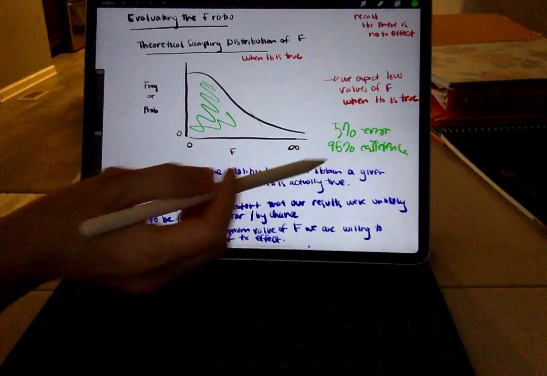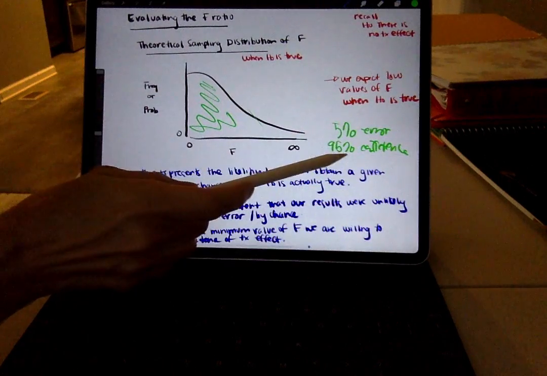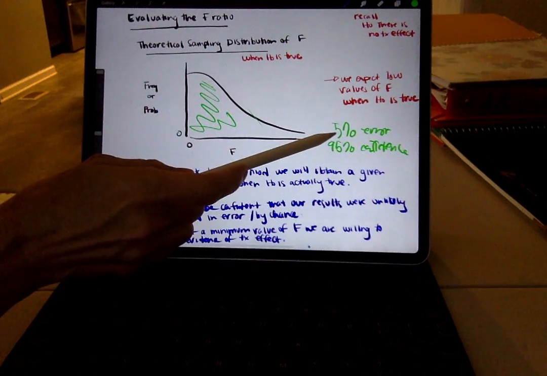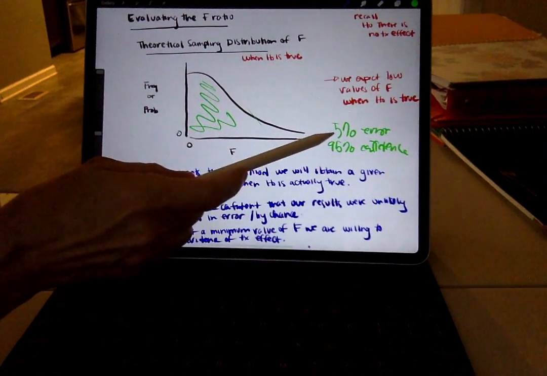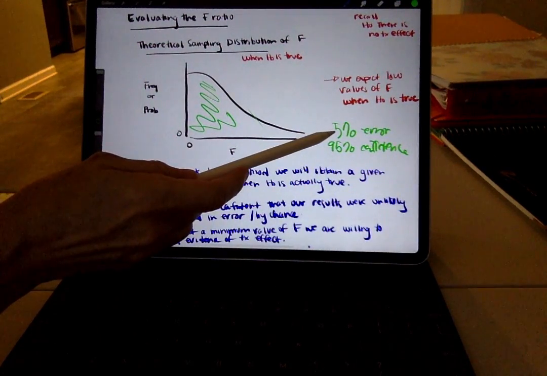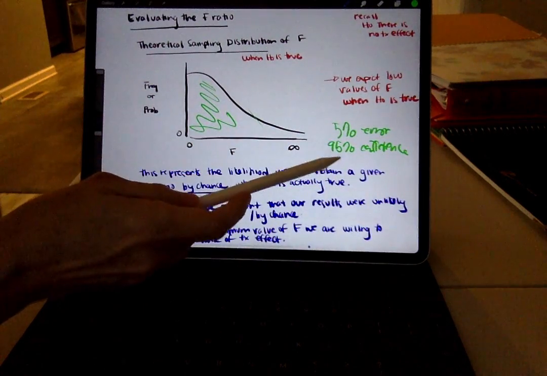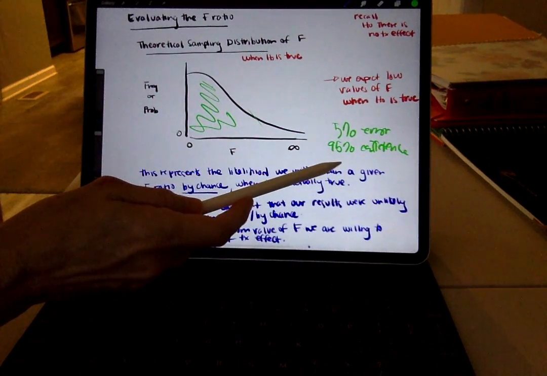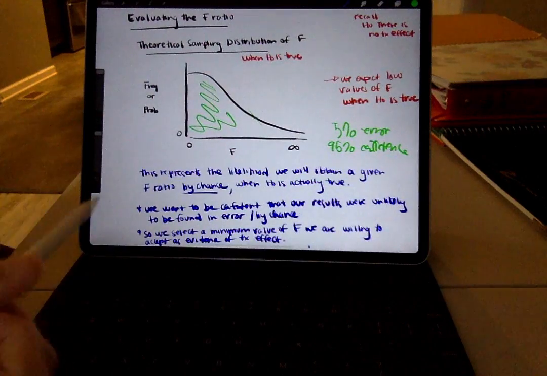So there's a relationship between error and confidence. Whatever our confidence is, our error is 100% minus that. So for 95% confidence, we've got a 5% chance of error. If we have a 1% chance of error, that means we have 99% confidence. All right, so again, super abstract.